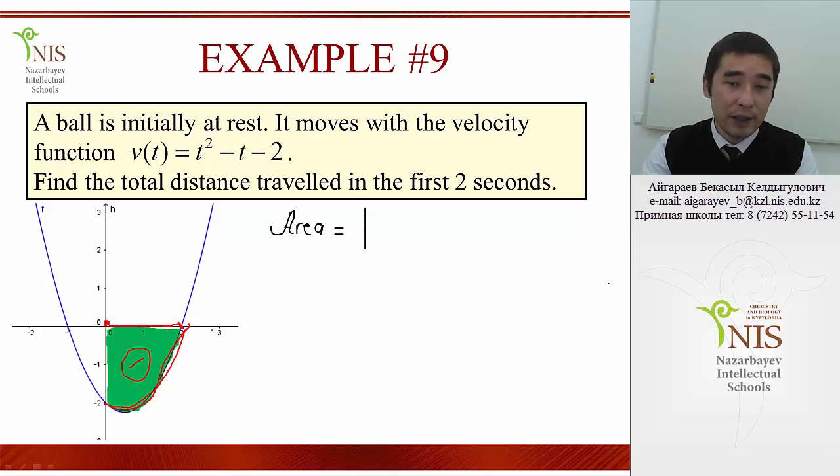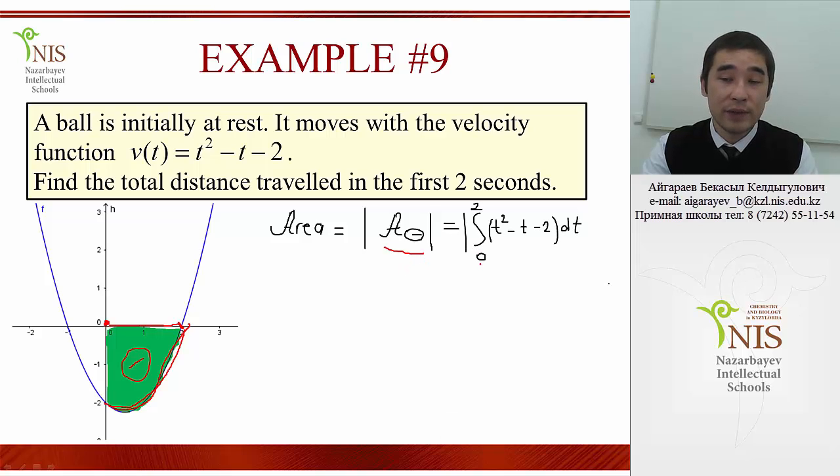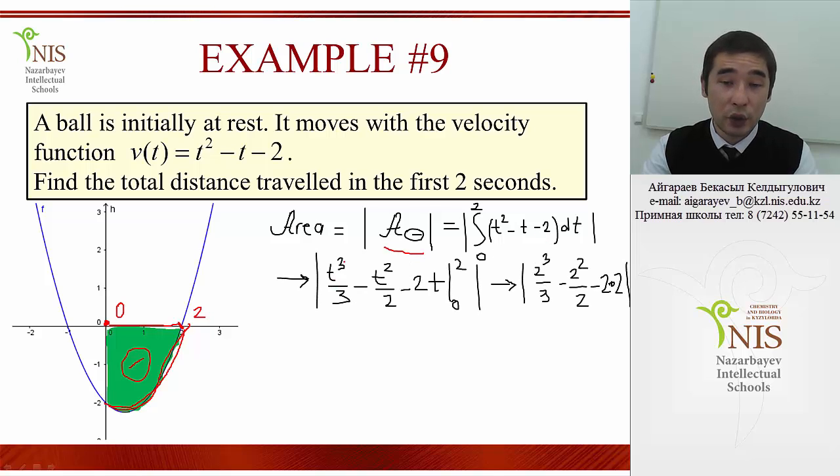The area will be the absolute value of our negative area, and that will be the integration from 0 to 2 of our function t squared minus t minus 2. The antiderivative for this will be t cubed divided by 3 minus t squared divided by 2 minus 2t, from 0 to 2.